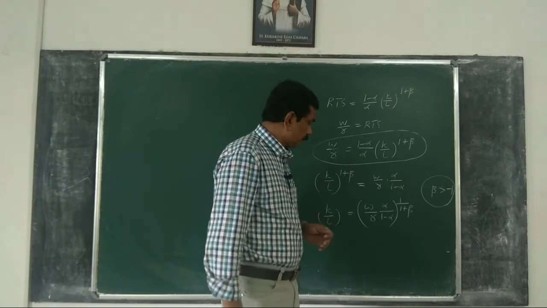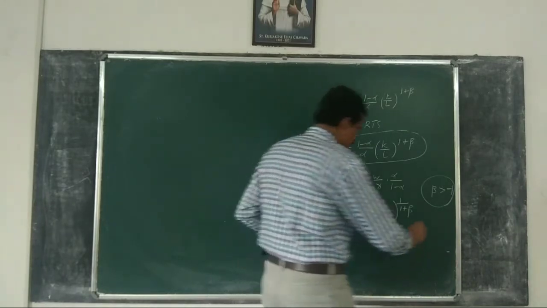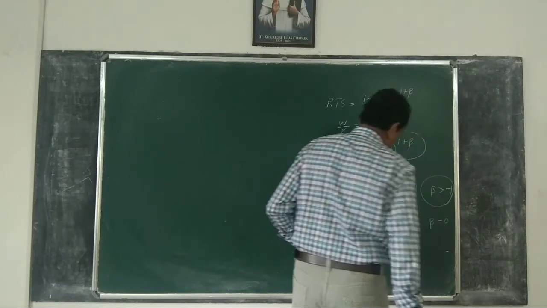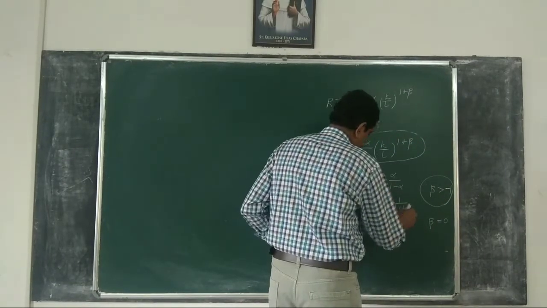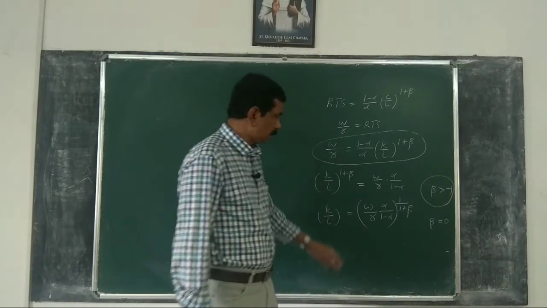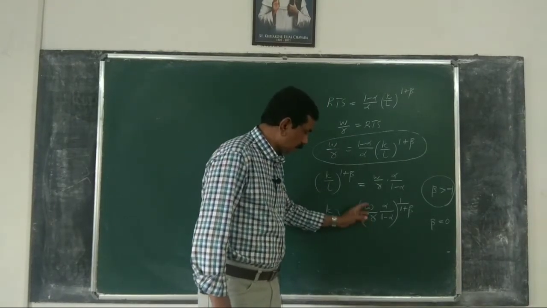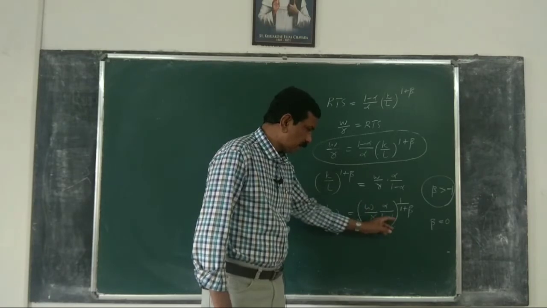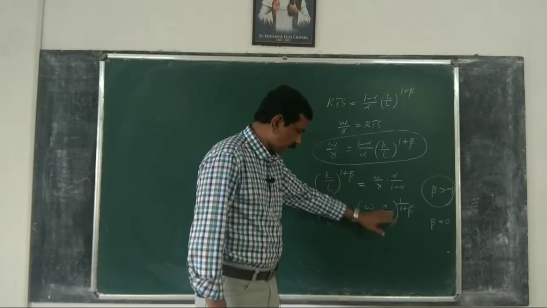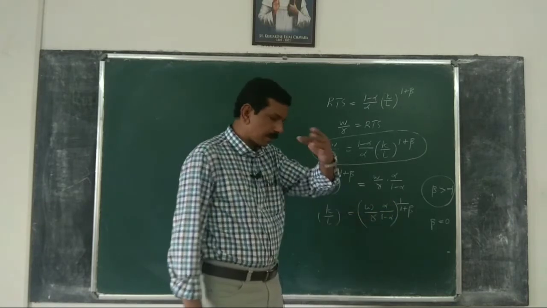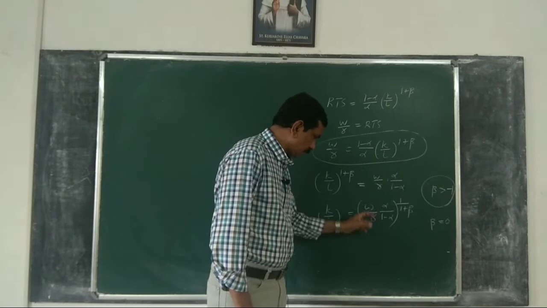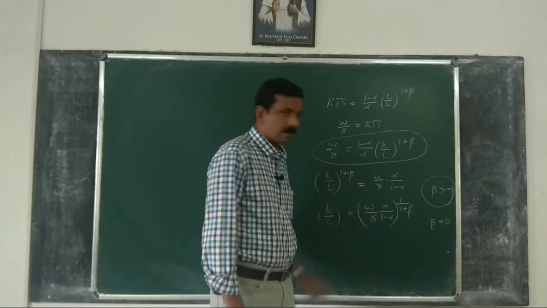Now, if beta is equal to 0, this becomes 1 by 1. Then K by L becomes W by R into alpha by 1 minus alpha. And alpha by 1 minus alpha, or alpha by beta in the Cobb-Douglas case, is a constant.